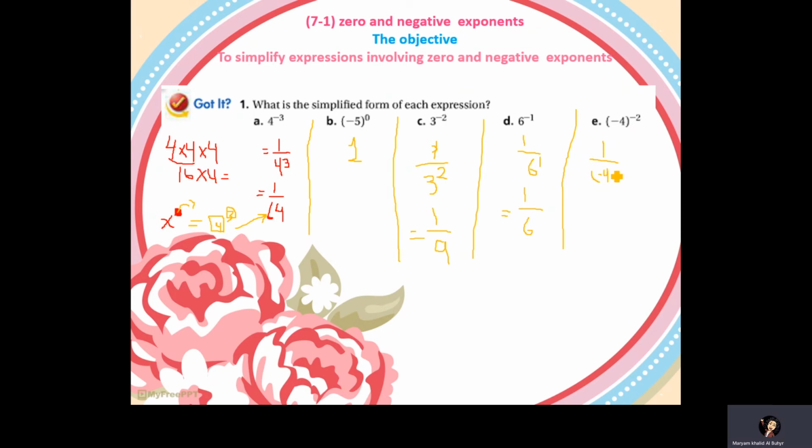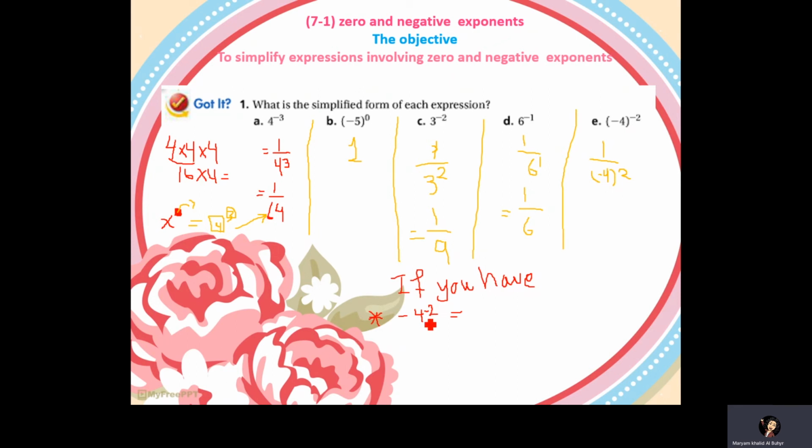This one, 1 over (-4) all to the power 2. Keep in your mind, there is a very important note I have to tell you. Here, if you have -4 to the power -2, leave this negative.